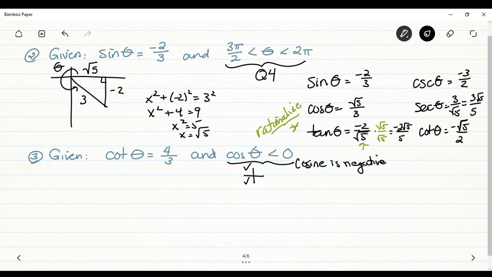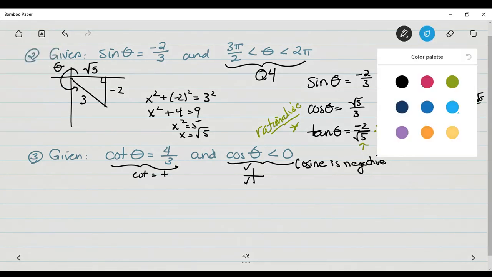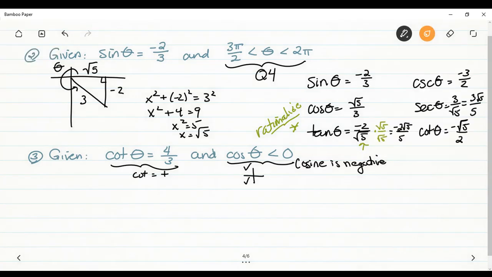But combined with the fact that cotangent is positive 4 over 3, a positive cotangent and a negative cosine means that we will be in quadrant 3.